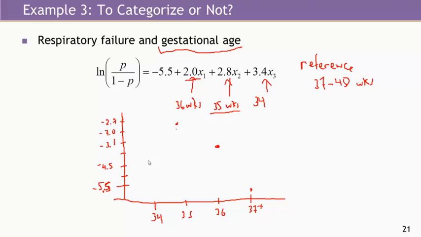And then finally, when we get to the lowest gestational age group, it was 3.4 units higher than the reference, which puts it at, and again, this isn't perfectly drawn to scale, negative 2.1 here. So what I'm showing here is that for the first 3 groups, it looks like the relationship is roughly linear, but then it really drops between the 36 and 37 weeks.